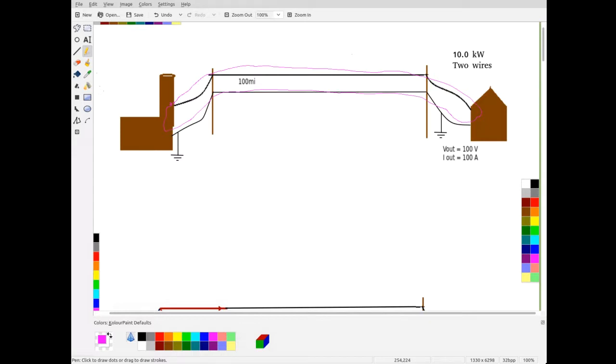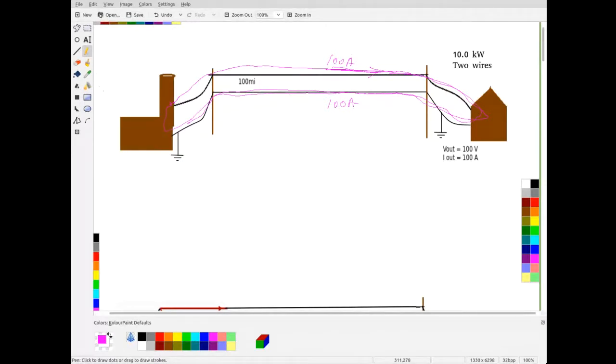So if there's 100 amps traveling along this line over to my house, there also has to be 100 amps flowing back, which means I have to run 2 wires to my house.